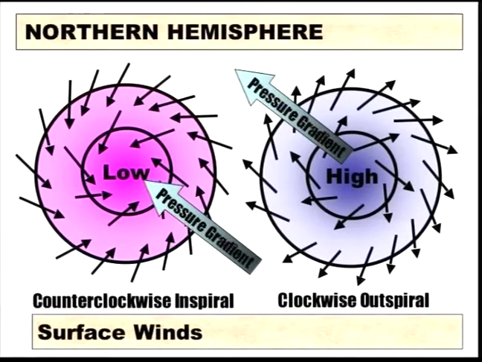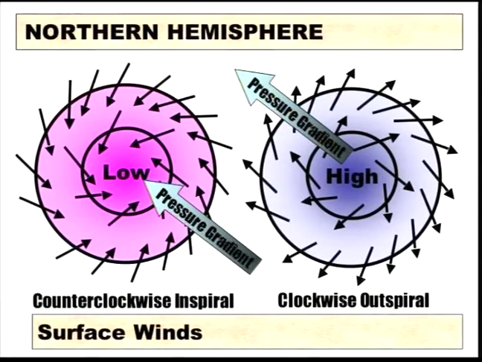Again, in the northern hemisphere, air will spiral into the low in an anti-clockwise direction. So this second diagram will be low pressure, whereby air is spiraling into the low in an anti-clockwise direction in the northern hemisphere.